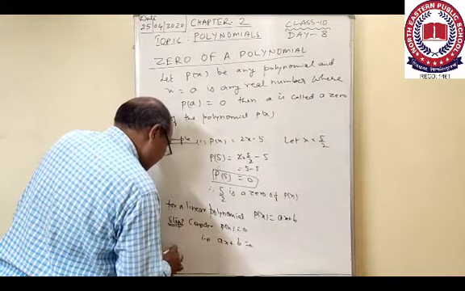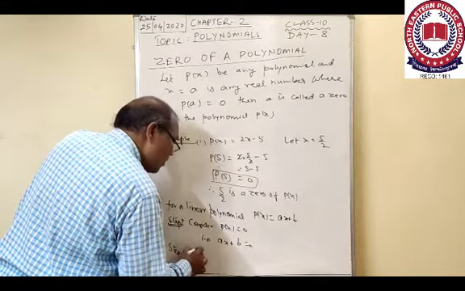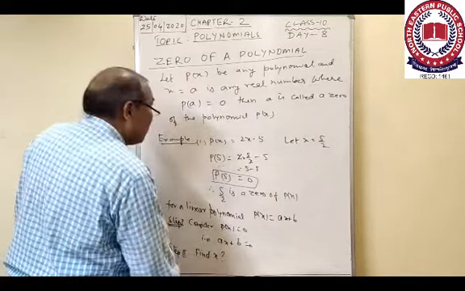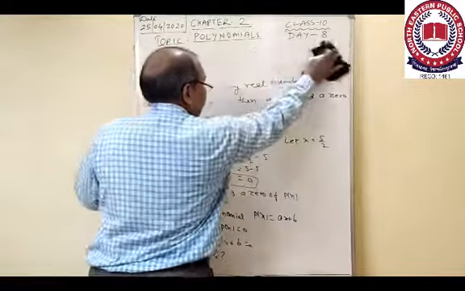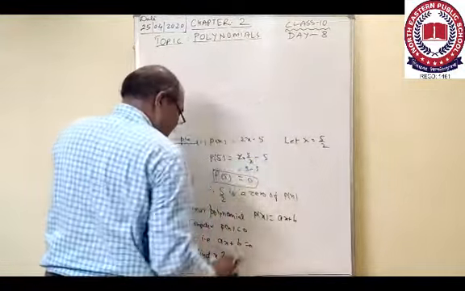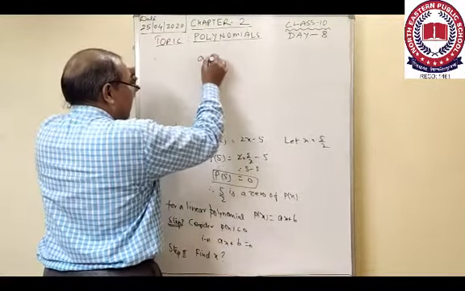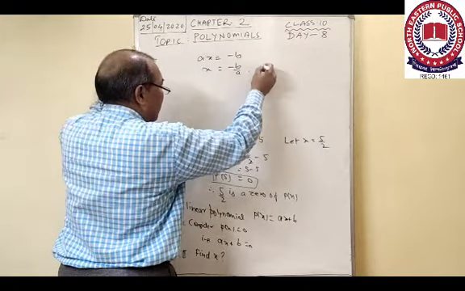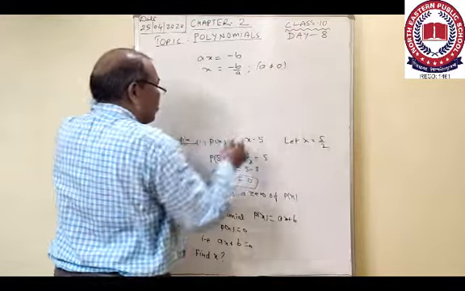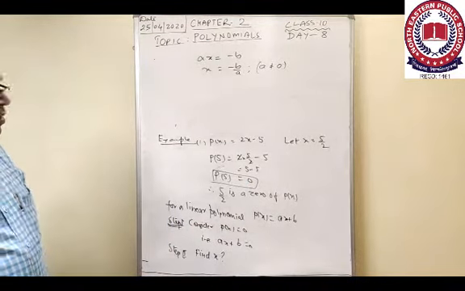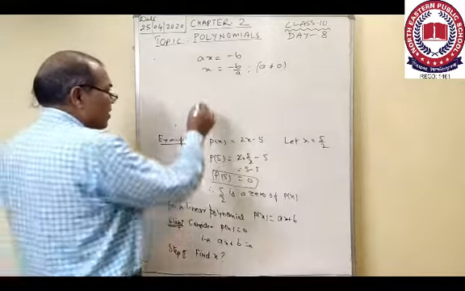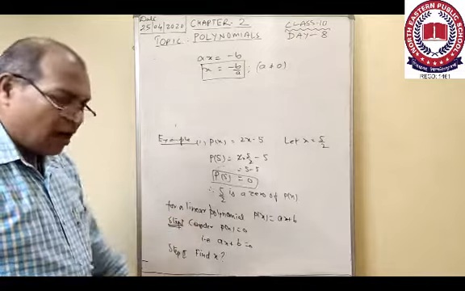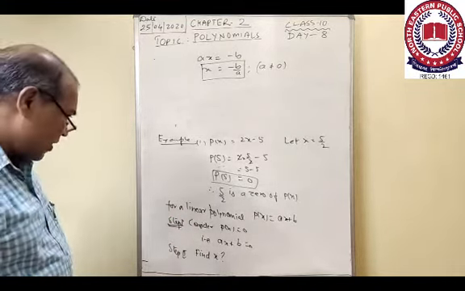Step 2 is to find x. We get ax is equal to minus b, then x is equal to minus b upon a. Here, a should not be equal to 0, then only it will be defined. So this is the method for finding the zero of a linear polynomial.